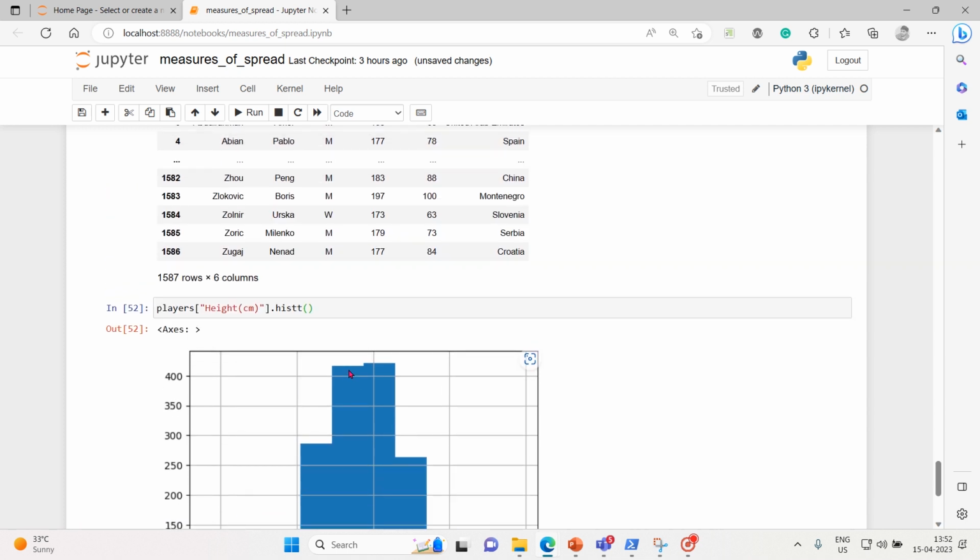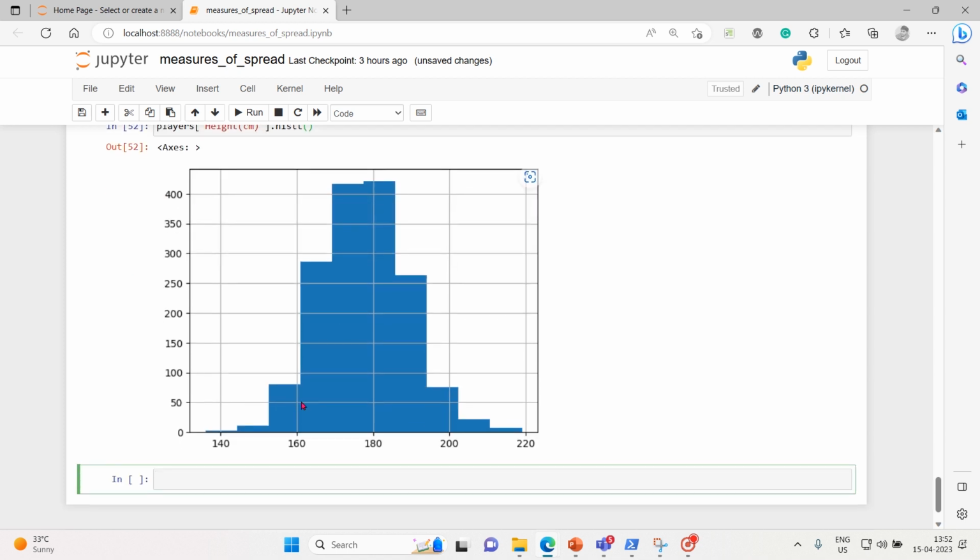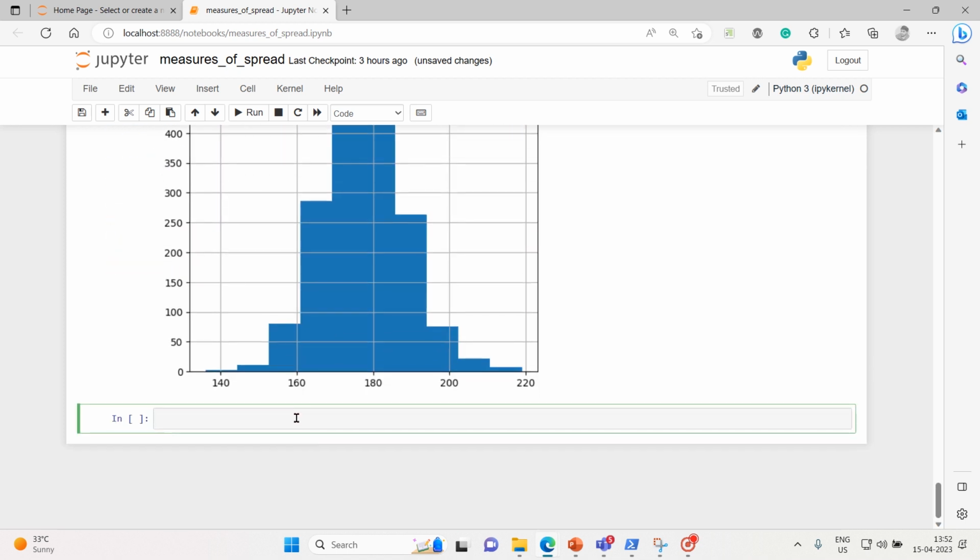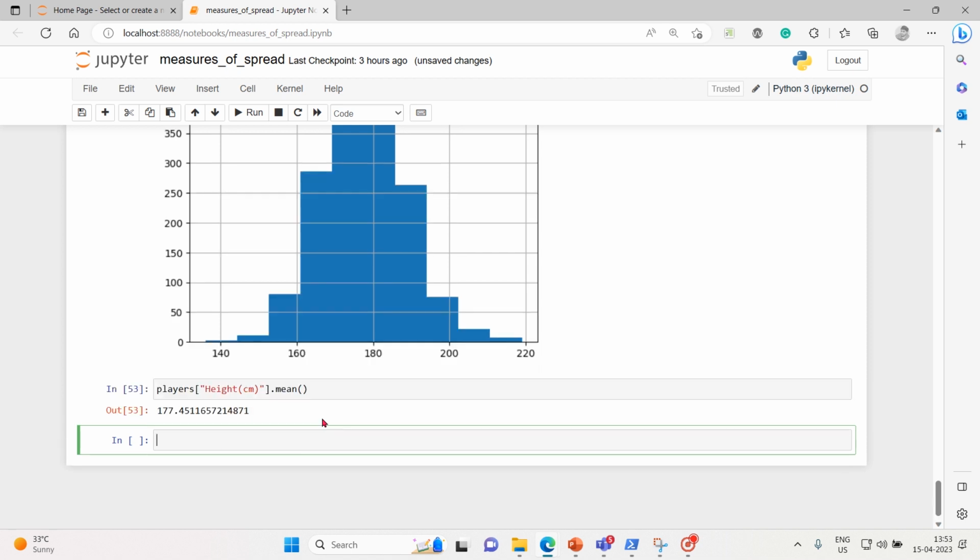Let's try to find out the mean of this data, and then also variance and standard deviation. Players height mean, that's our mean.